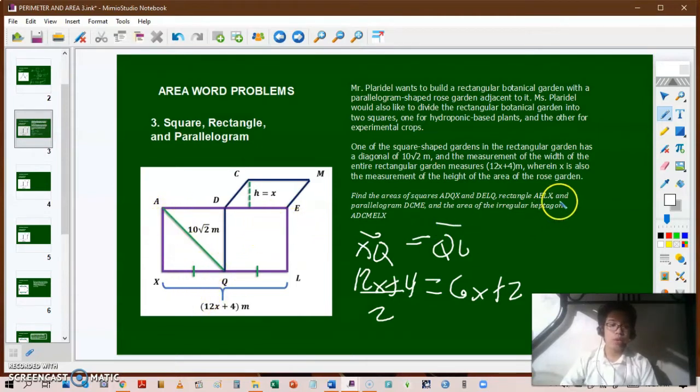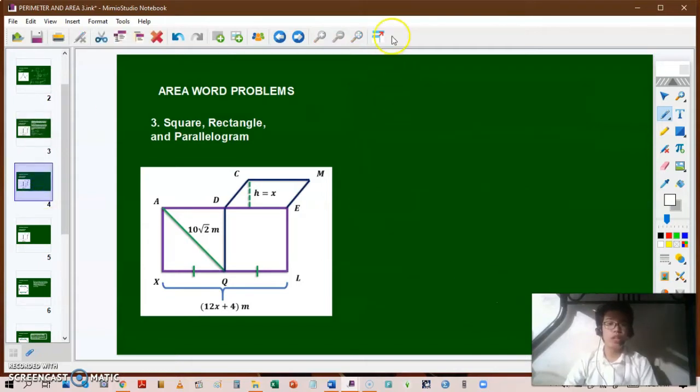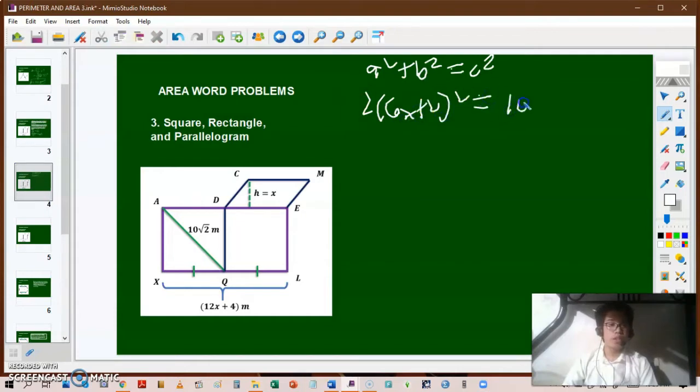So our next step is to create an equation that will give us the value of x. We can use the Pythagorean theorem: a squared plus b squared is equal to c squared. Since we know that XQ is simply 6x plus 2, we can rewrite this equation as 2 times (6x plus 2) squared is equal to c squared, which is 10 square root of 2, which we need to square.